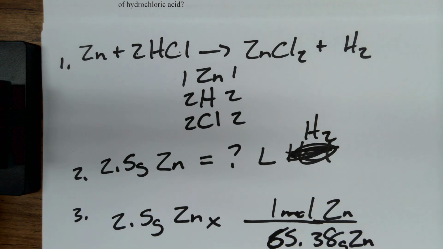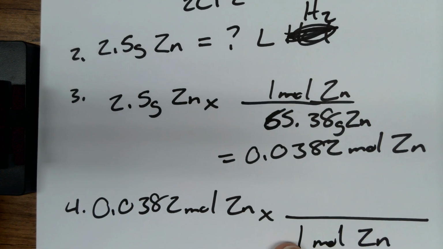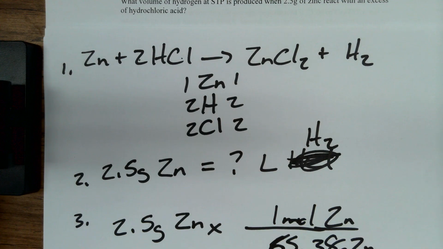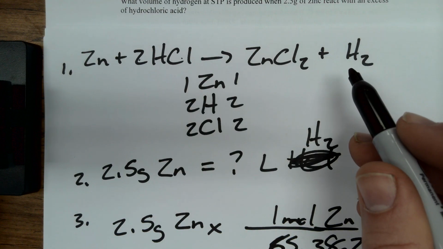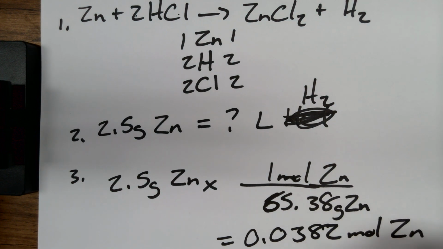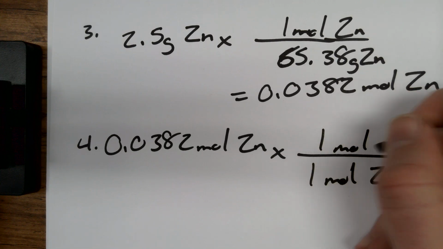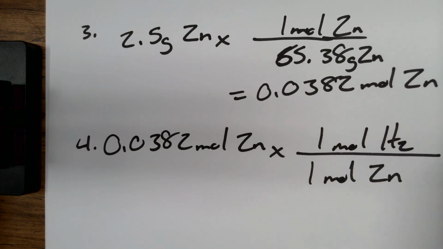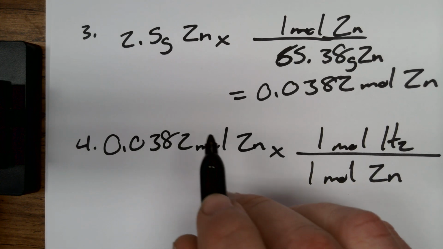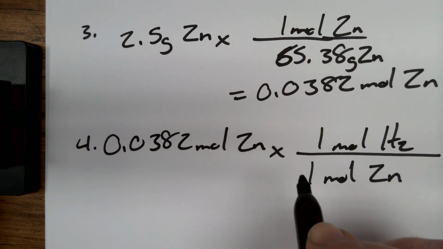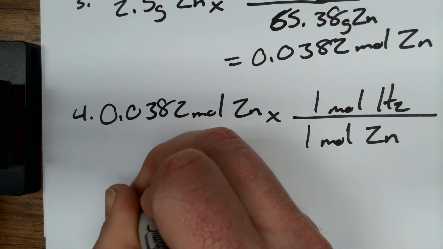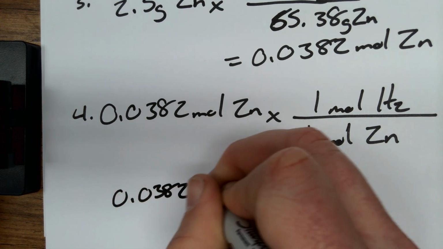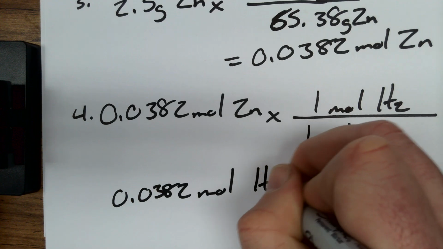Yep, I do want hydrogen gas. Don't know why I put hydrochloric acid there. How many moles of hydrogen gas do I have? 1, right? I have 1 mole H2. So that means if I multiply something by 1, it's whatever I start off with, right? So that means now I have 0.0382 moles H2.